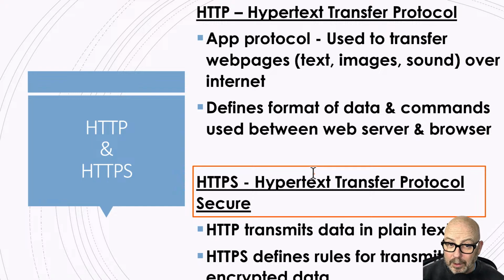And if you remember from last week, I tried to force you to learn it: it turns plain text into ciphertext. That's the magic phrase you need to learn to make sure that if they ask you anything about what's encryption, it turns plain text into ciphertext. And the next part is so that if the data is intercepted, it is unintelligible.